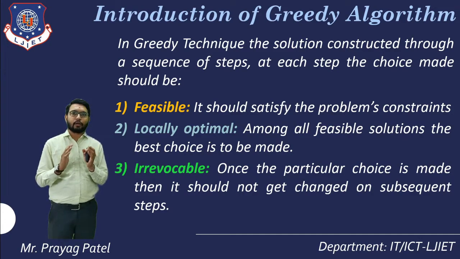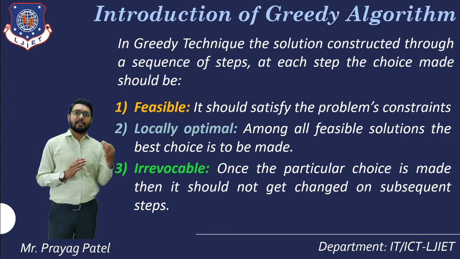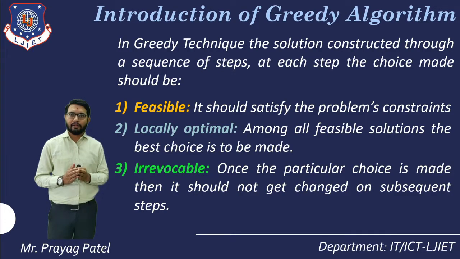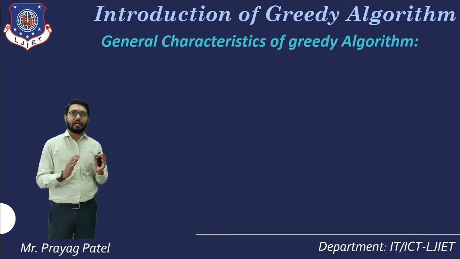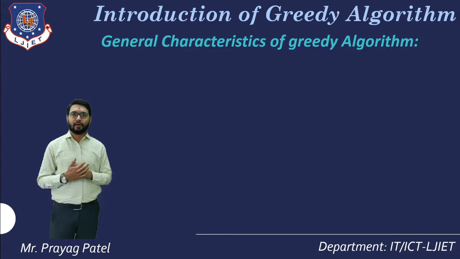After selecting that coin, you do not change it further. Once you select the coin of 10, it should not get changed in subsequent steps. After selecting any choice, you do not change that choice in the next step. So consider these 3 properties for understanding how the greedy algorithm works.